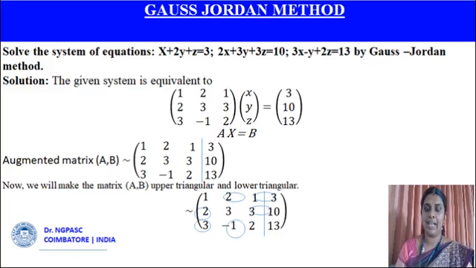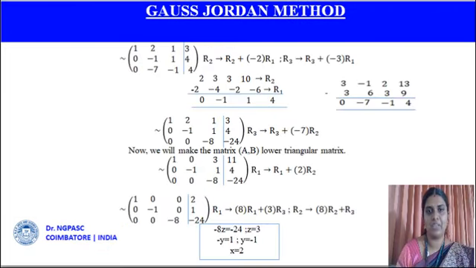So the leading diagonal is 1, 3, minus 2. Leaving those leading diagonal elements, you have to make all other elements 0. So that is your upper triangular and the lower triangular. Since this is the Gauss-Jordan method, you have to reduce both upper triangular as well as lower triangular. So we'll see how it is done.